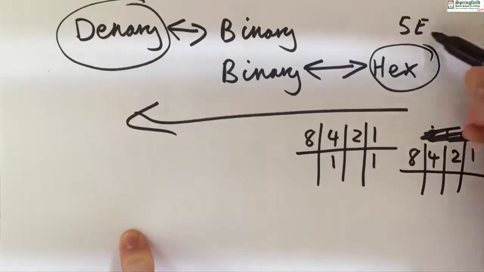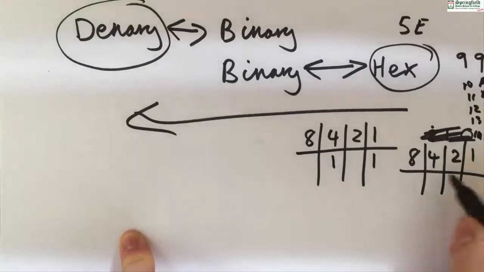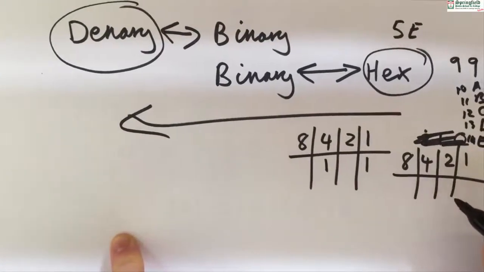And to make e, well, what is e? 9, A, B, C, D, E. That's 9, 10, 11, 12, 13. It's 14. So I need to make 14 out of these numbers here.